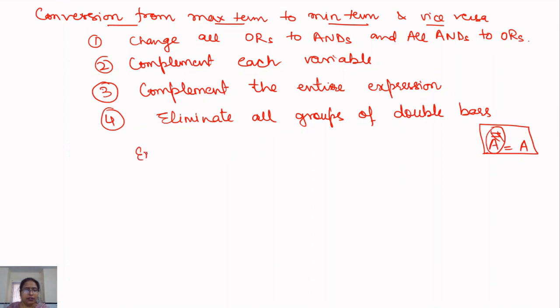So let us take an example. So this is an expression, y is equal to, the whole bar of (x bar plus y bar plus z bar)(x plus y plus z bar).